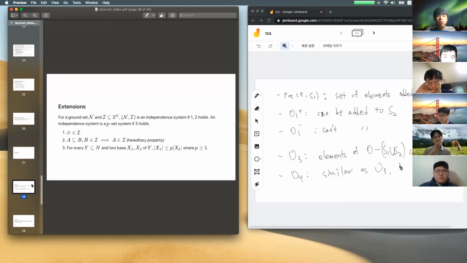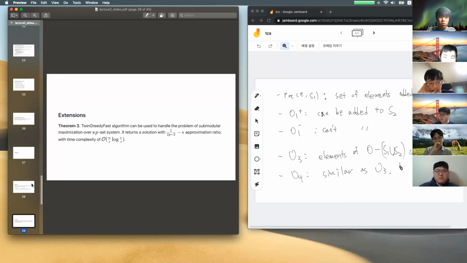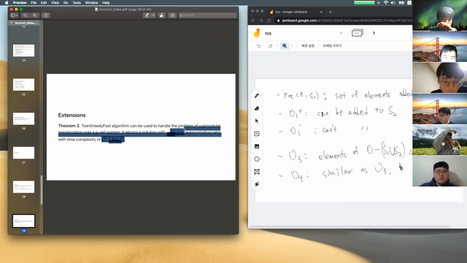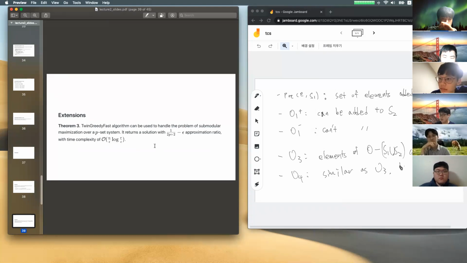But the thing is that in the case of a Matroid, p has the value 1. And in a p-set system, if we run the second algorithm, we can get this approximation ratio with the same time complexity.